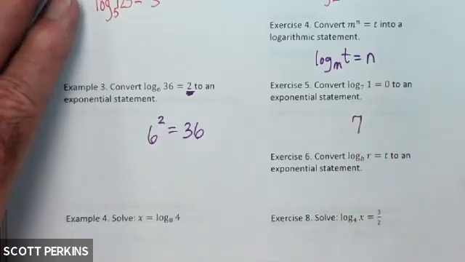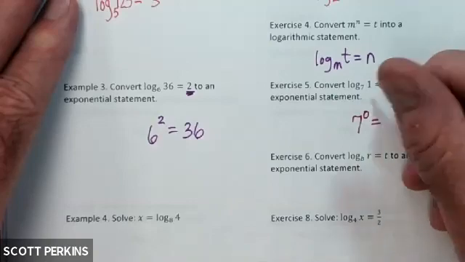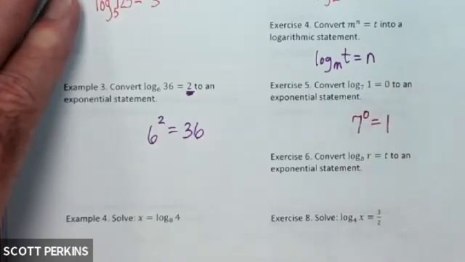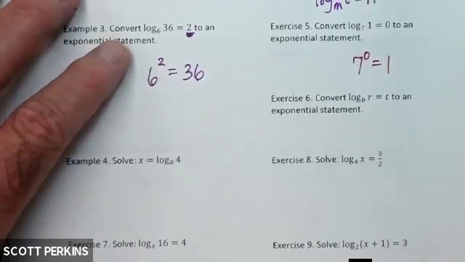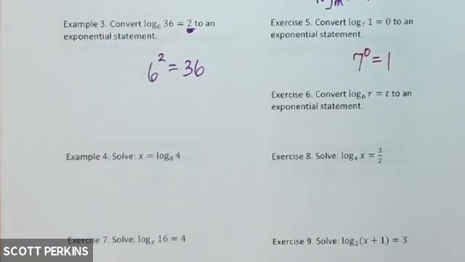What is the exponent? 0. Yes, and so then 7 to the 0 has to equal the other number, which is 1, which we expected. So the last problem for the day is to convert this logarithmic statement in exercise 6 into an exponential.